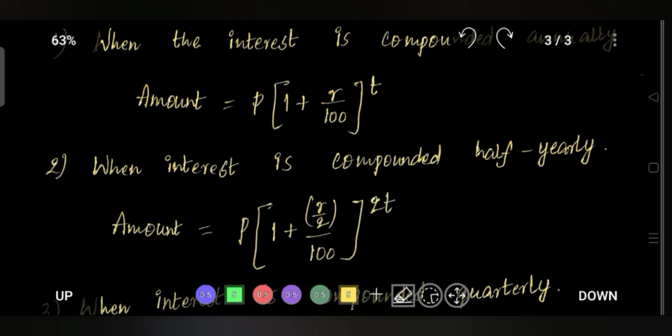But if you observe, the interest will be compounded two times in a year. So for t years the interest will be compounded 2t times. That is why we got the power as 2t.